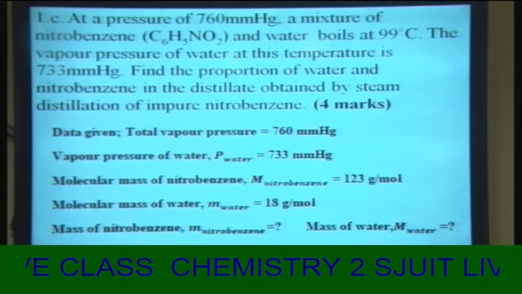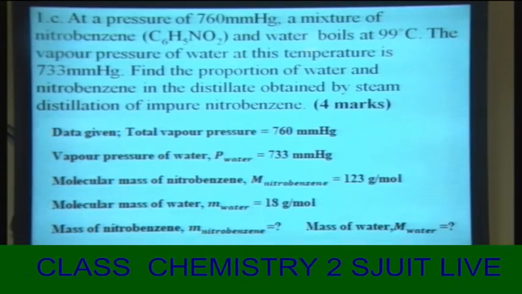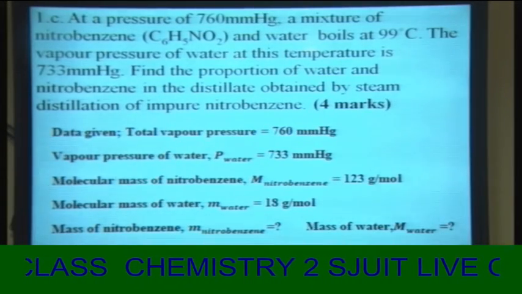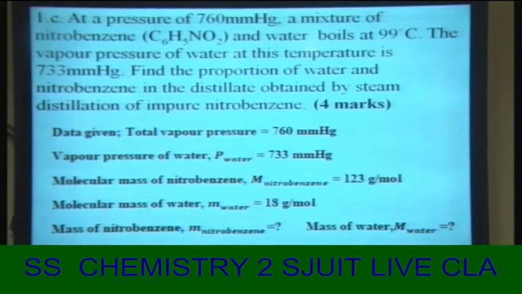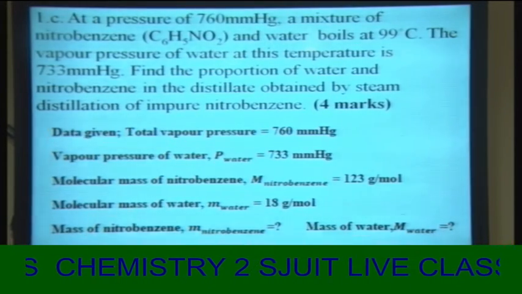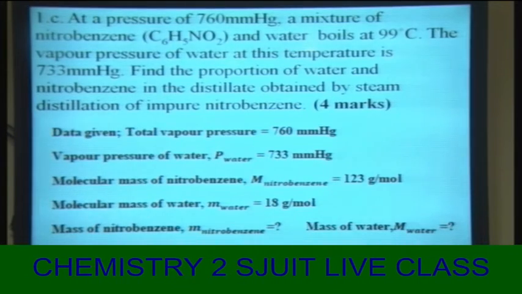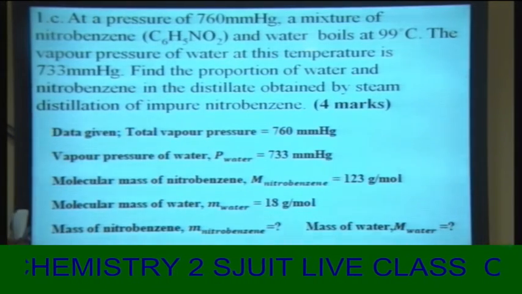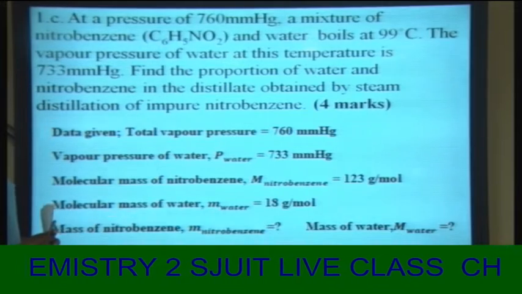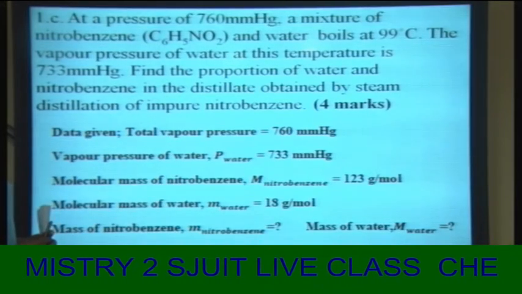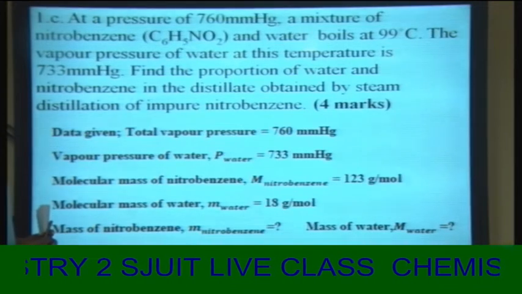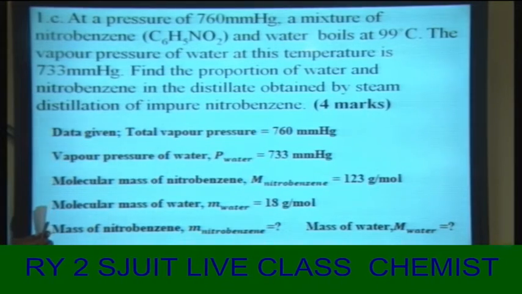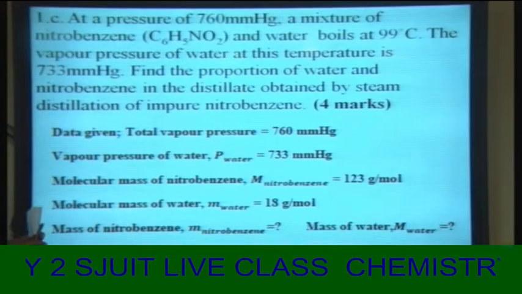Part C. At a pressure of 760 millimeter of mercury, a mixture of nitrobenzene, with the molecular formula C6H5NO2, and water boiled at 99 degrees centigrade.